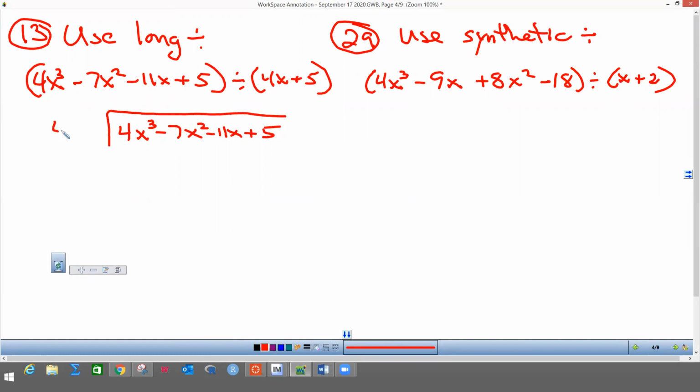And then this 4x plus 5 comes out front. So we ask ourselves, what times 4x equals 4x cubed? So I hope we see that that would be an x squared. So I take x squared, and I'm going to distribute this to both of these, and I get x squared times 4x, which is 4x cubed, and x squared times 5, which is 5x squared.